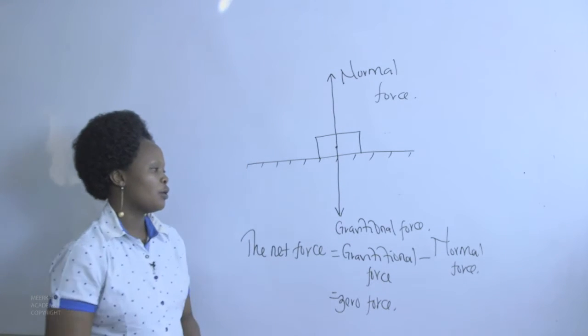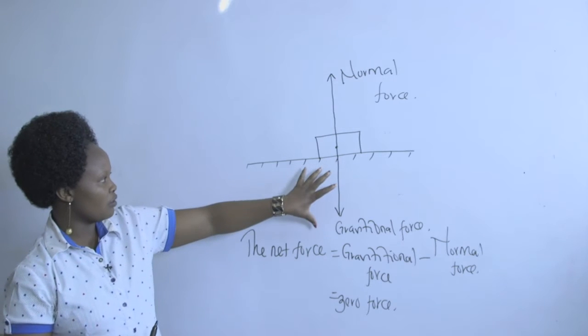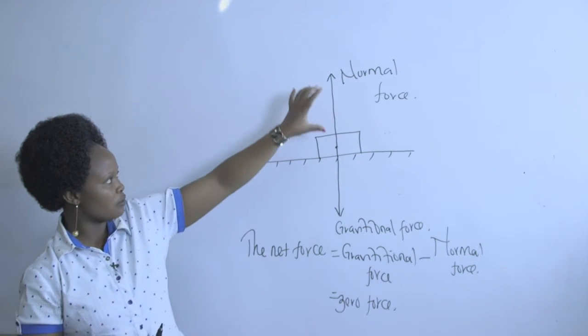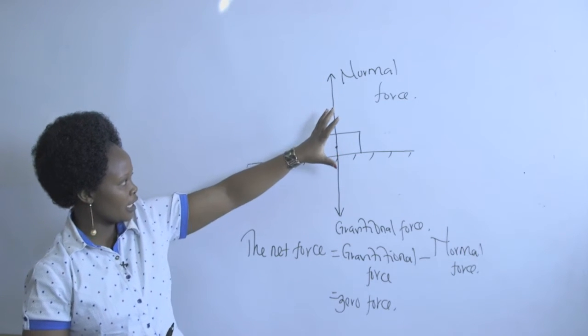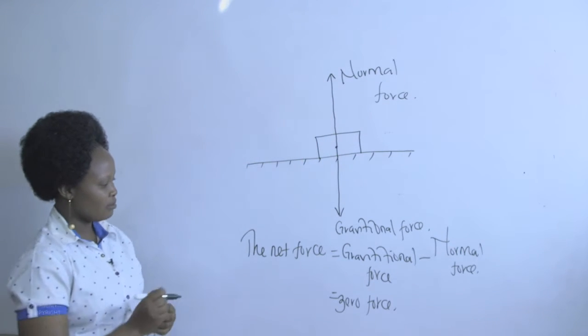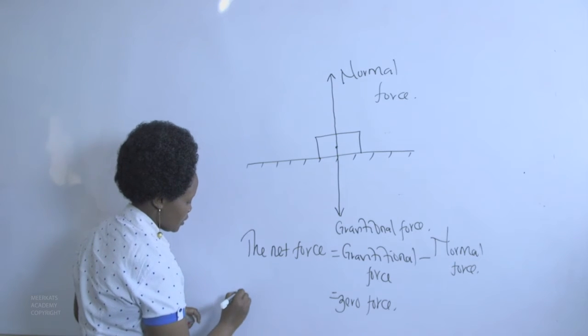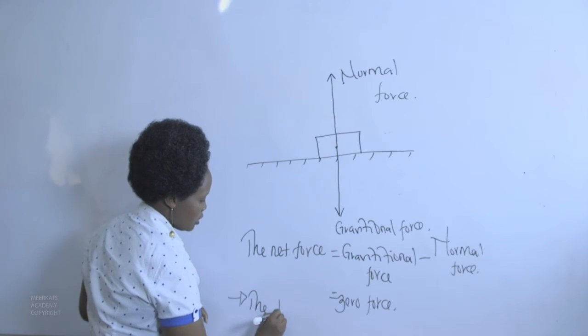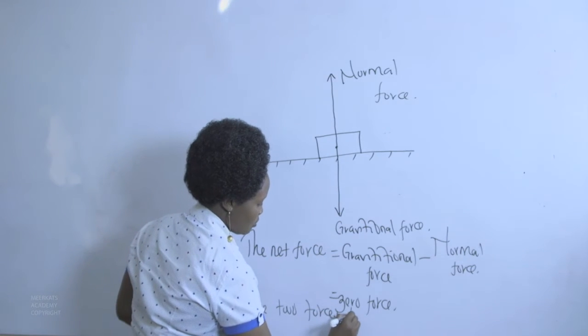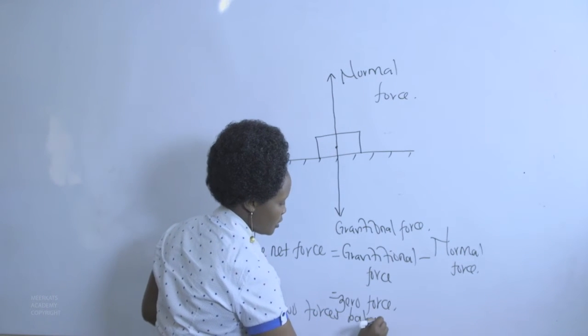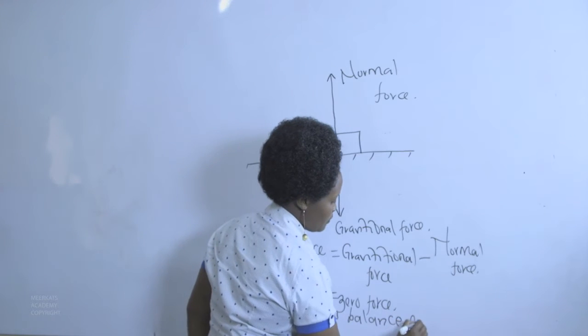Now, when the effect of one force is cancelled out in totality by another force, we say that the forces are balanced. Now, the two forces balance each other.